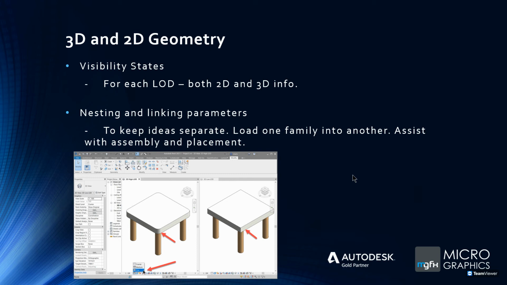Right, in the little preview at the bottom here, the image on the left, it's the same table, same family. There's just two 3D geometry tabletops. One has got a little fillet on the edge, one doesn't. So the image on the right is set, or that view is set to coarse, and the image on the left, its view is set to fine. So it then reveals more detail of that same component.